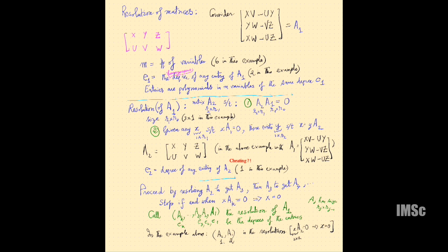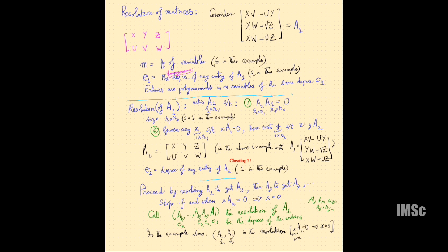So what do I mean by resolution of a matrix? Let's do this by example. I'm going to resolve this A1. Let's call this R1 cross R0. That is notation for the size of this matrix, 3 cross 1 in this example. By a resolution, or at least the first step of that resolution, I mean a matrix A2.